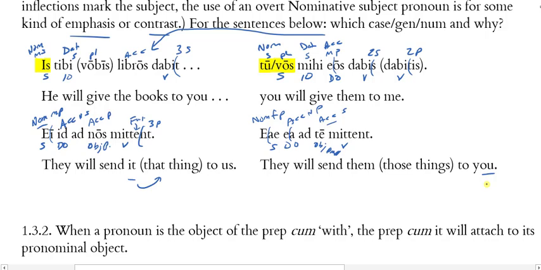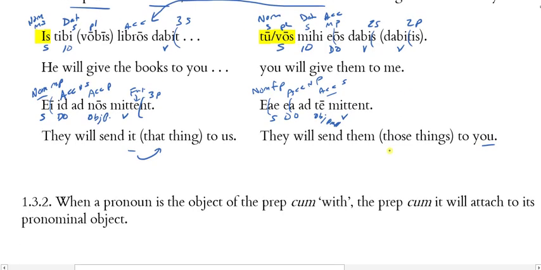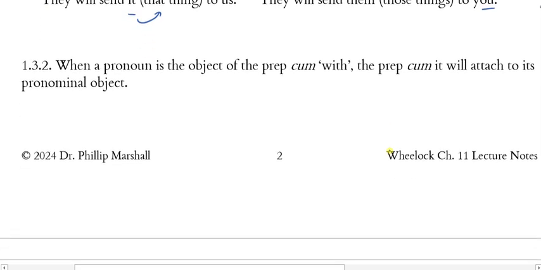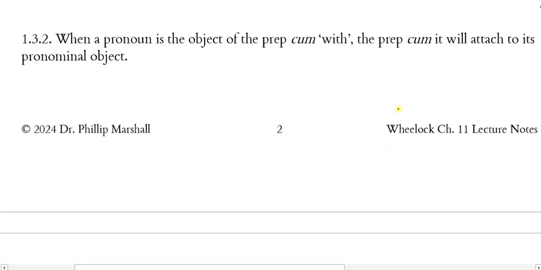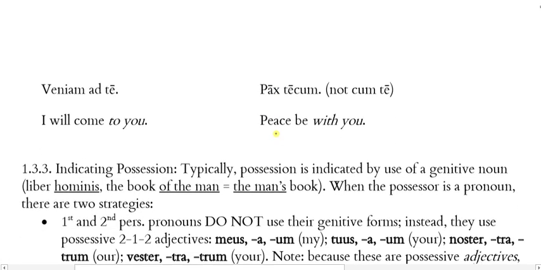All right. So this is how we see pronouns being used. There's one little difference here. As we just saw, the preposition ad has the pronoun object coming after it. With cum, slightly different thing happens. When a pronoun is the object of the preposition cum, meaning with, the preposition cum will attach to its pronominal object. So I'll give you an example. Veniam ad te, I will come to you.